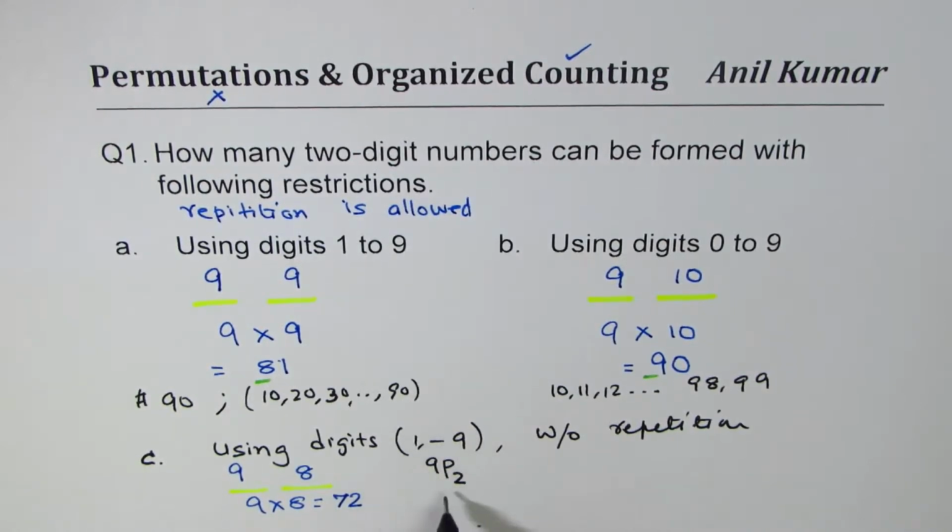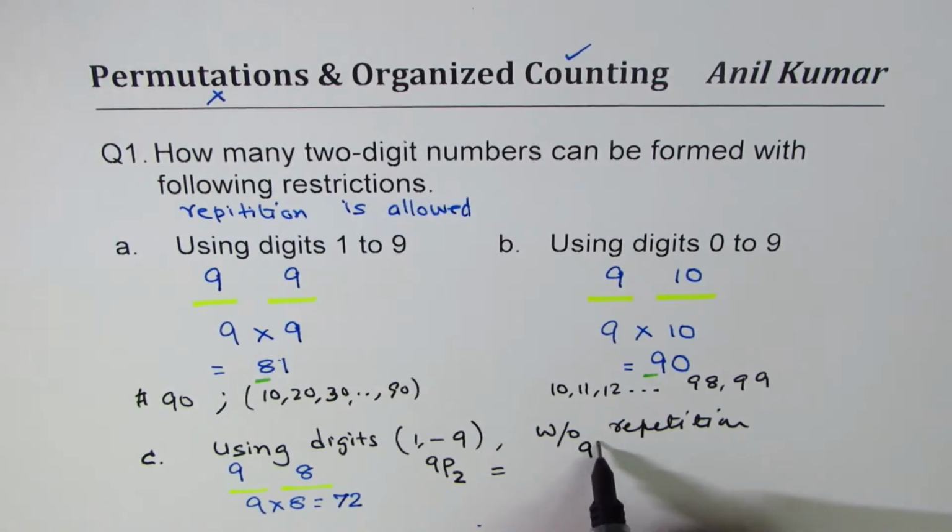From 9 numbers, we have to make groups of 2, right? Now, the position of each matters, that is, order matters. Therefore, permutation is the answer. And 9P2 is 9 factorial divided by (9 minus 2) factorial.